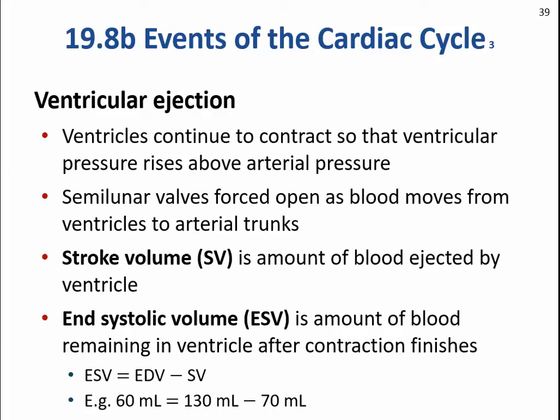Or you can look at it that if there was 130 mils to begin with at the beginning of systole, the end of diastole, and 70 mils are ejected, then there's 60 mils left. We're really more interested in the stroke volume because that's the blood that ends up going to your body.